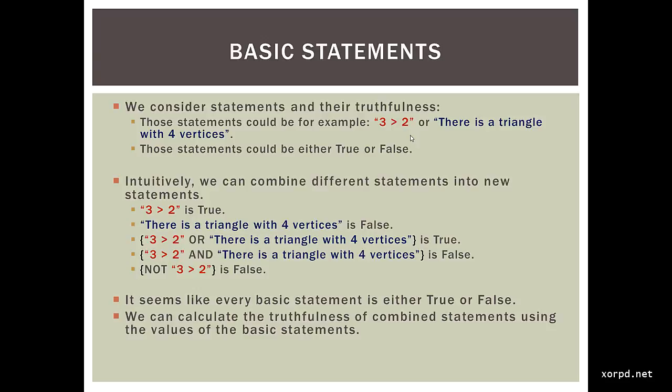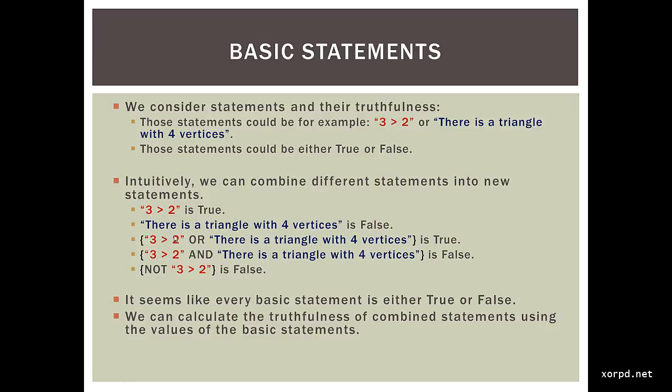Intuitively, we can combine different statements into new statements. So let's begin with those two simple statements. 3 is bigger than 2, which is true, and there is a triangle with 4 vertices, which is false. Now we can combine those two into new statements, which are a bit more complicated.